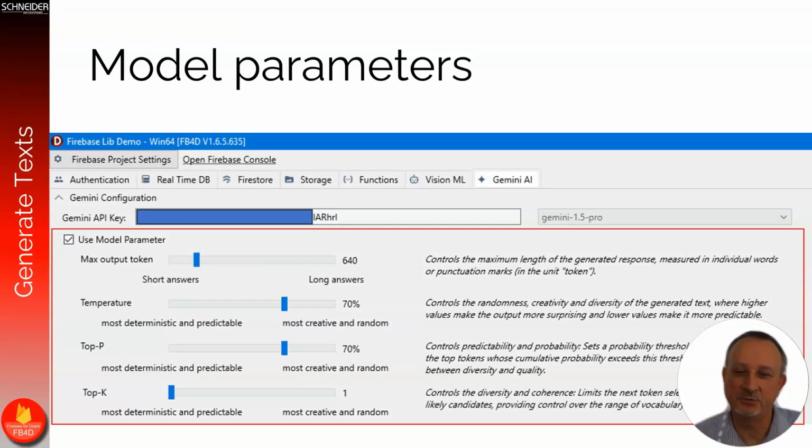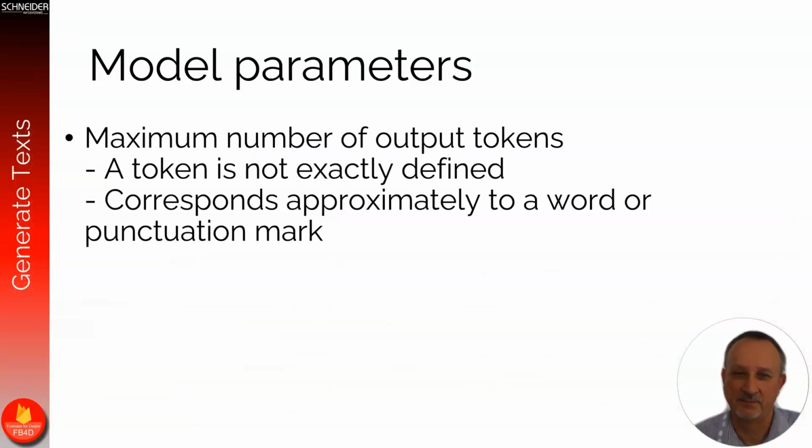Next, I will show you how we can configure the model. In the fold-out part of Gemini configuration, below the API key, you can define your own values for the model parameters, which are used in the next request. The maximum number of output tokens defines the length of the text that the system is allowed to create.